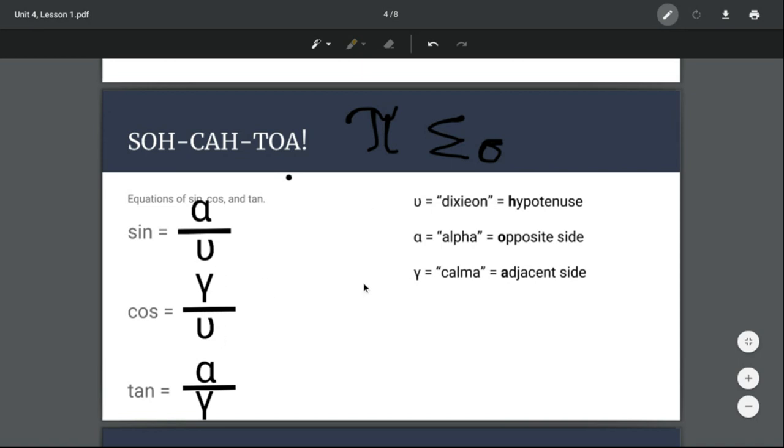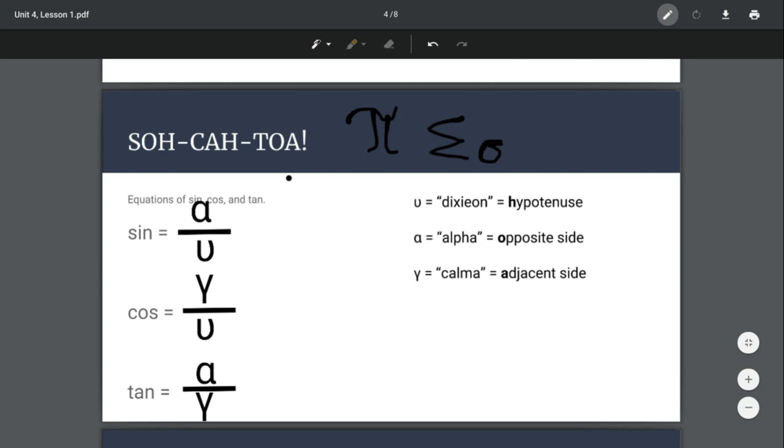The way your teacher writes these equations might be different. They might not use these Greek letters, but the Greek letters look like U, A, and Y, and they are not that. It's important that you know that, because this A looks a little fancier, and you might get mixed up. The equation for sine is going to be alpha over the U-looking one, which represents hypotenuse.